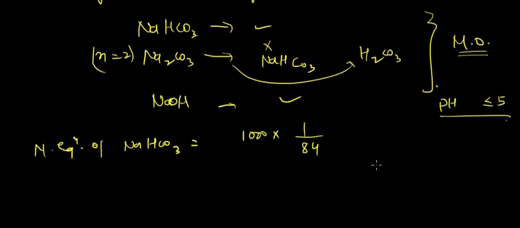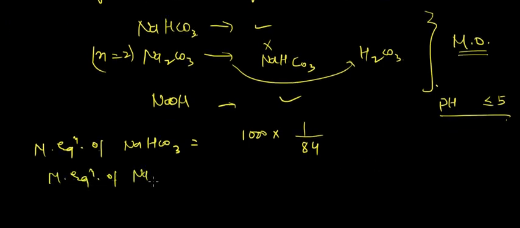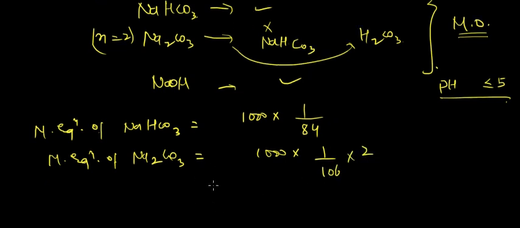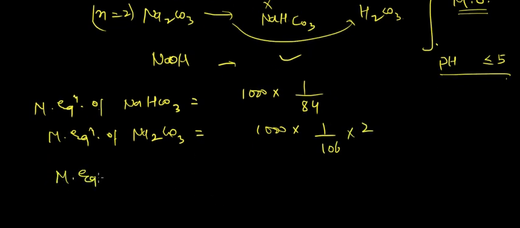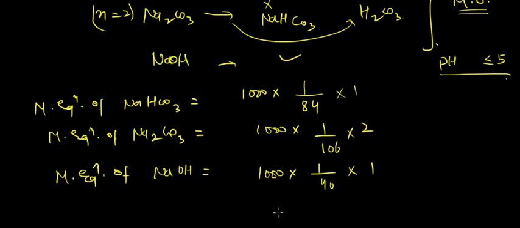And milliequivalents of Na2CO3 would be 1000 into millimoles, millimoles would be 1 upon 106 into n factor 2, and milliequivalents of NaOH would be 1000 into the number of equivalents of NaOH, which is number of moles into n factor, which is 1, so that would be 1 upon 40.